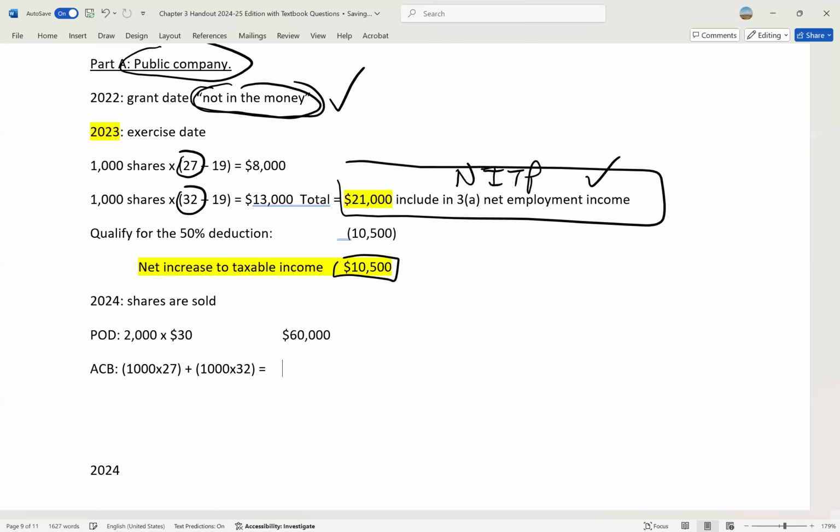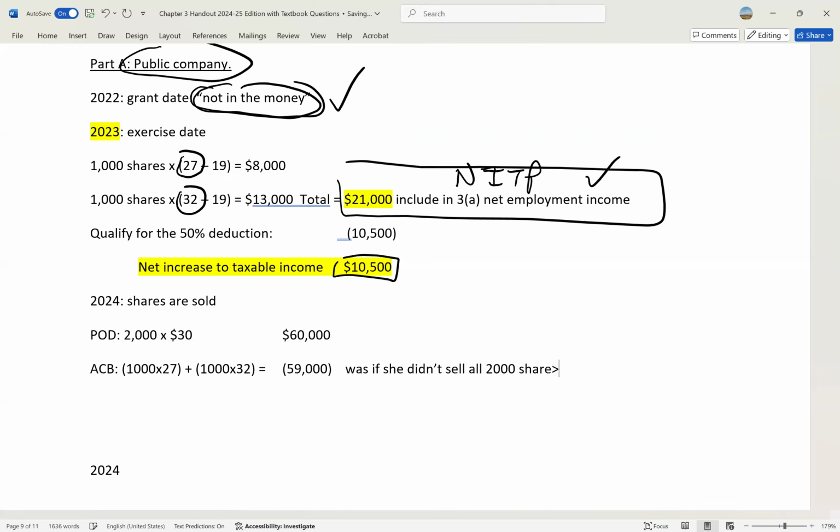So basically 27,000 plus 32,000. And so her total adjusted cost base is going to be 59,000. So then the question that sometimes comes up is, what if she didn't sell all 2,000 shares?